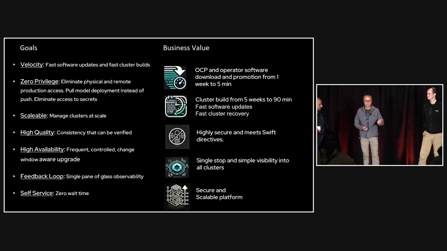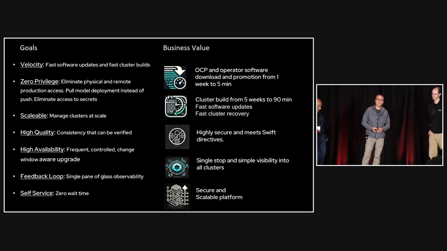For this project, we set out some architectural goals. We wanted to be able to do fast software updates, OpenShift software updates, as well as operator updates. We want fast cluster builds, efficient and consistent. The other thing is zero privilege.